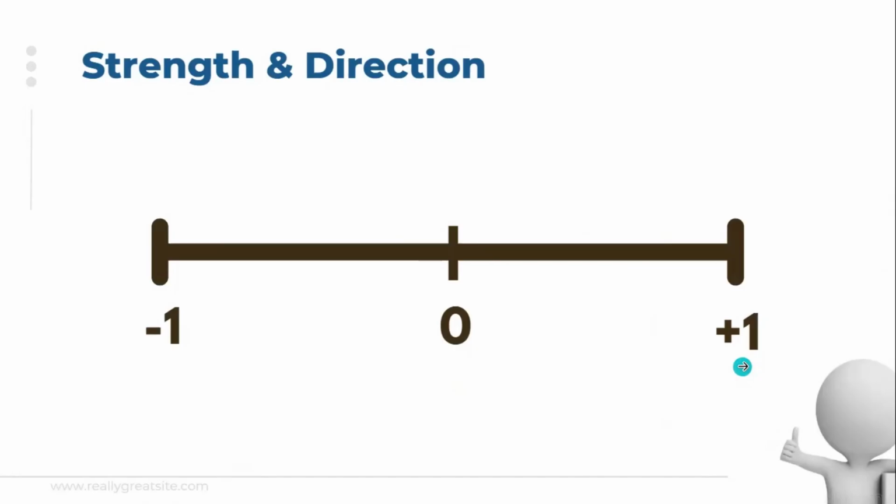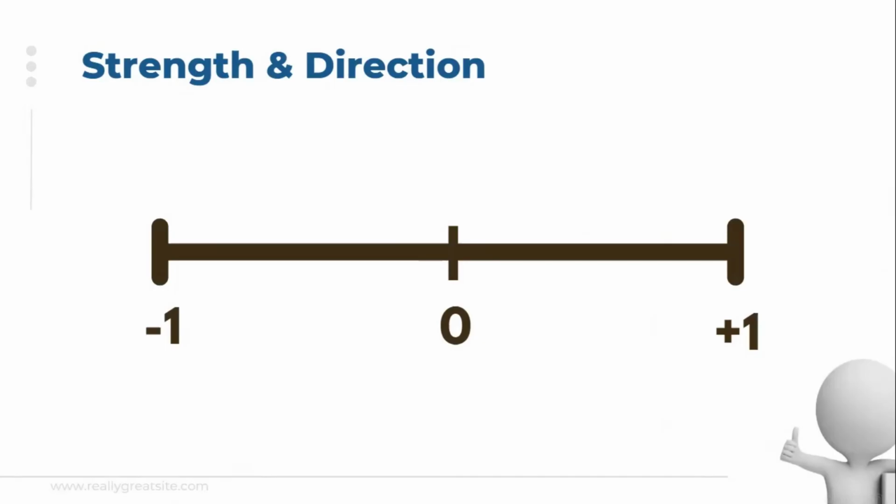What if you get +1? If you get +1, it is going to mean that there is a perfect relationship that exists. And a perfect relationship means as one variable increases, the other variable also increases. For example, if we say that studying hard is associated with better performance in your exam, we can see that the more hours that you put into studying, the better the performance could be.